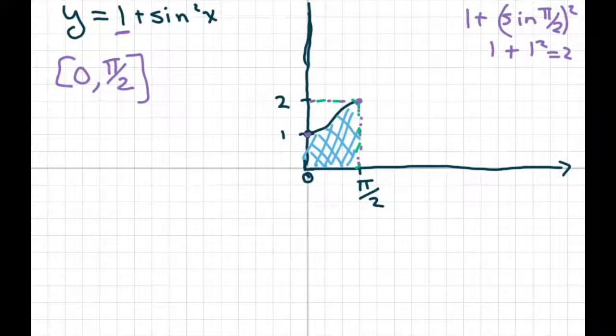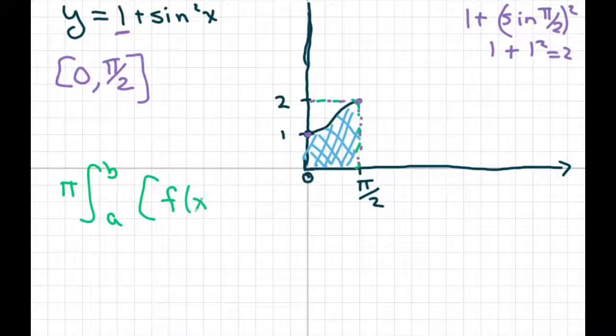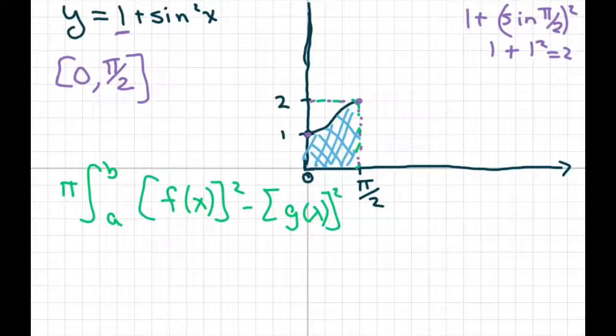So basically, I'm just going to use my formula. Again, I'll write it: pi times the integral from a to b of f of x squared minus g of x squared. So basically, just fill it out.